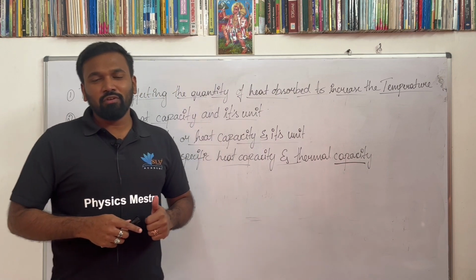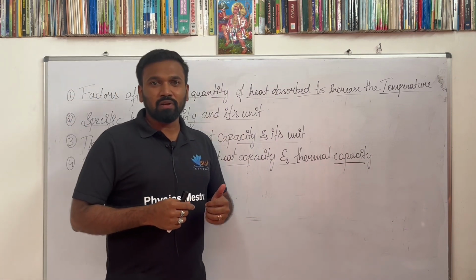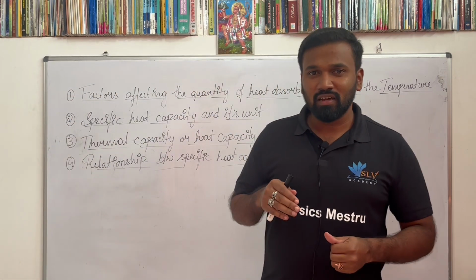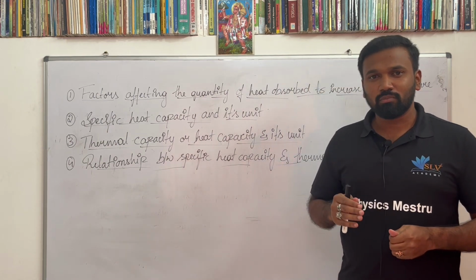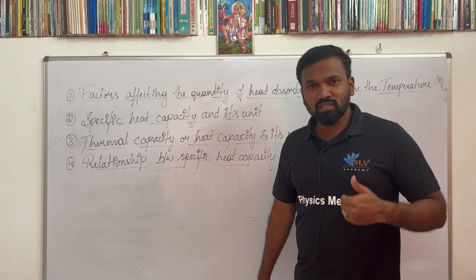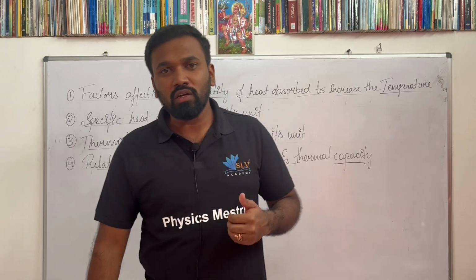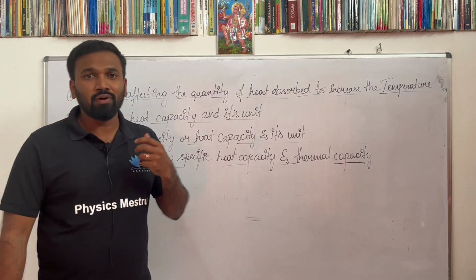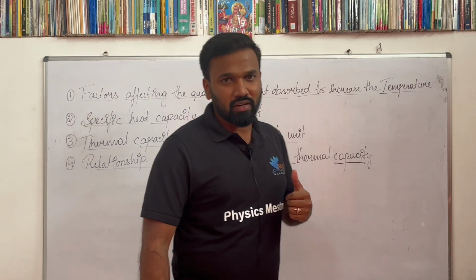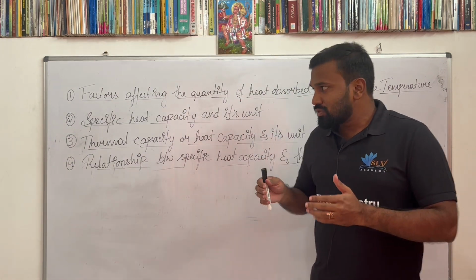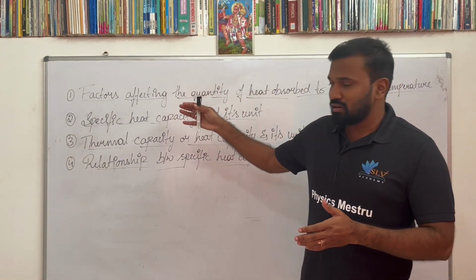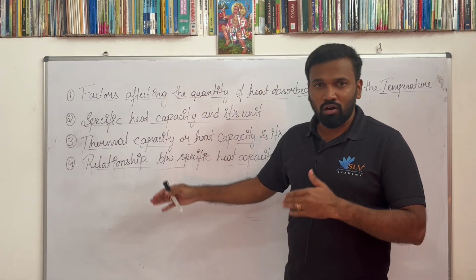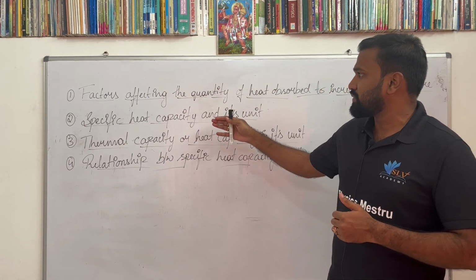In this video we will be learning about the chapter calorimetry, and this is lecture number 2. In the previous session video we learnt about the chapter calorimetry, and in that we learned something about the concepts of heat and its units, temperature and its units. So in this video we will be learning the important concepts of the chapter.